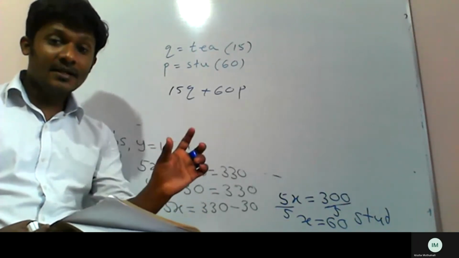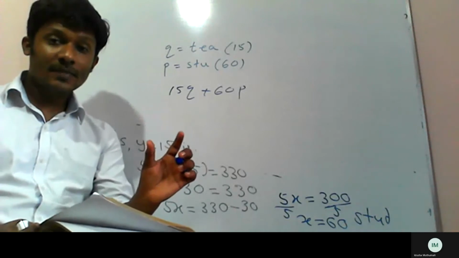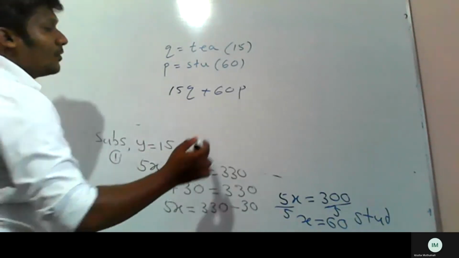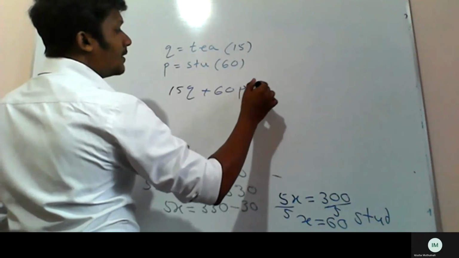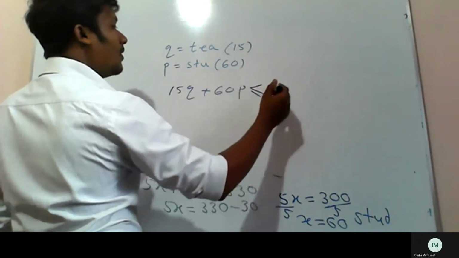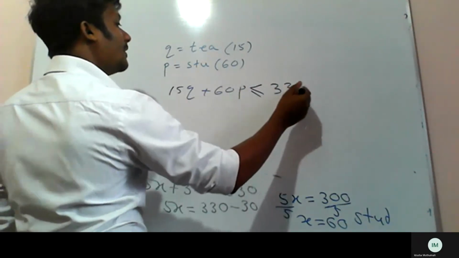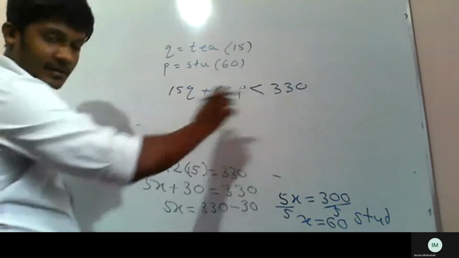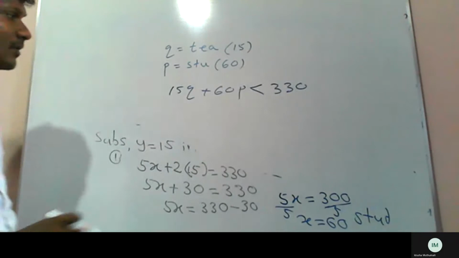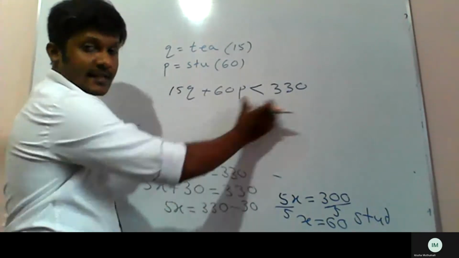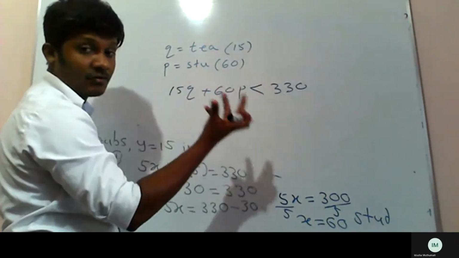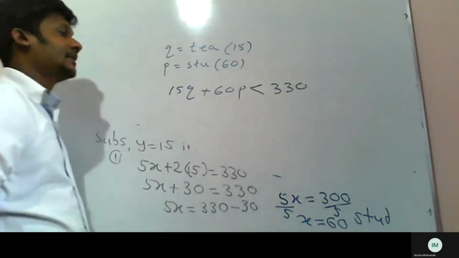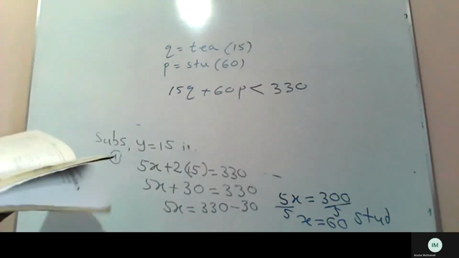You have a remaining value of saplings, no? Then you can write this as less than 330, not equal to, because this side is smaller than this, since we have a remaining amount of saplings here. This is the large part, this is the small part. This is the inequality.